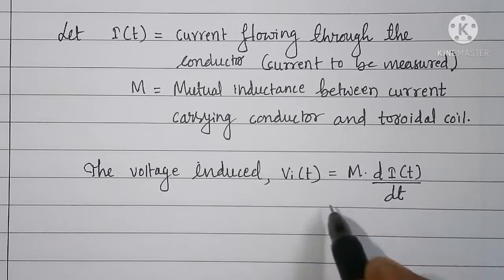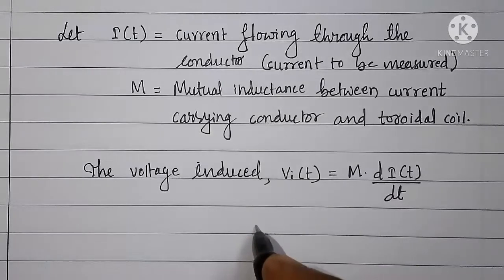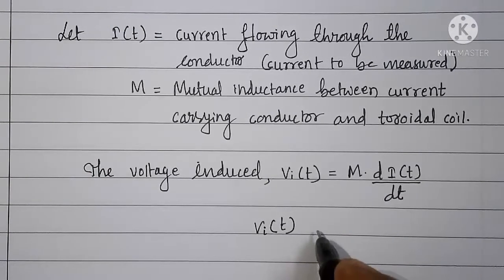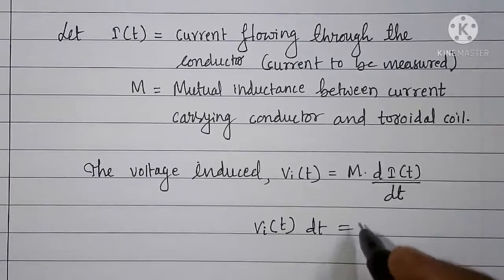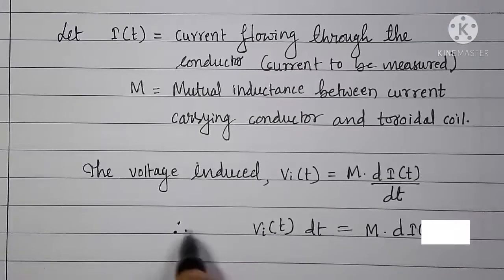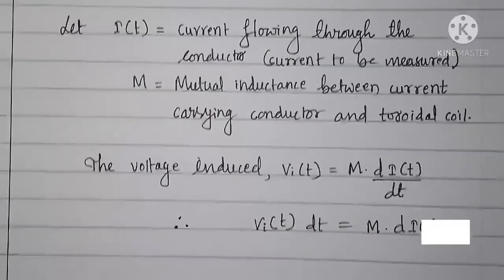We can rewrite the above equation as Vi of t into dt is equal to M into di. So we'll put here therefore symbol.